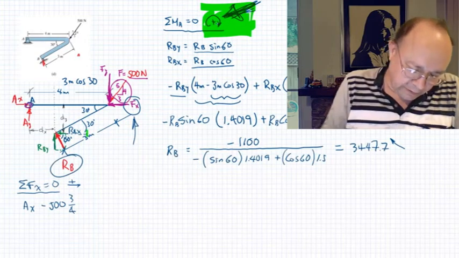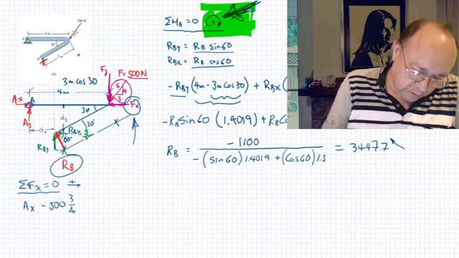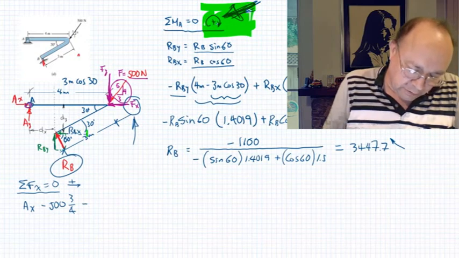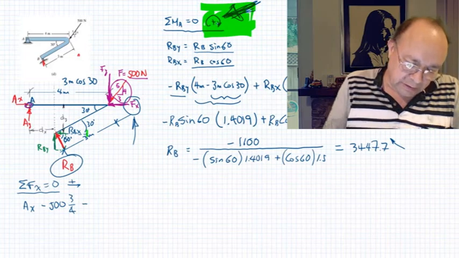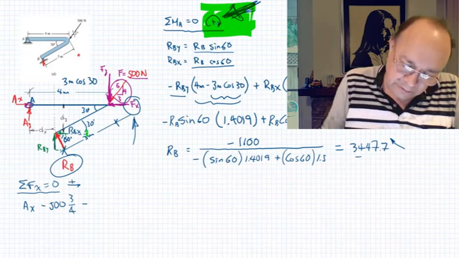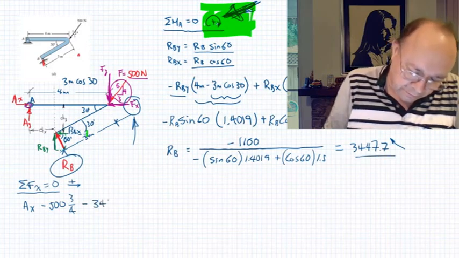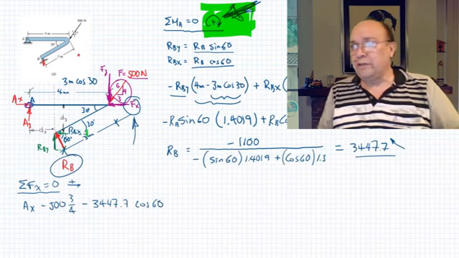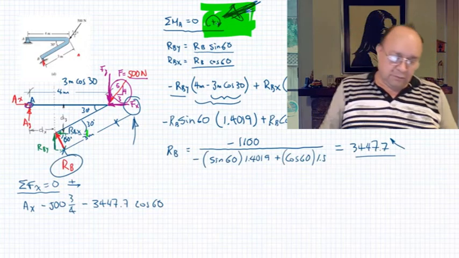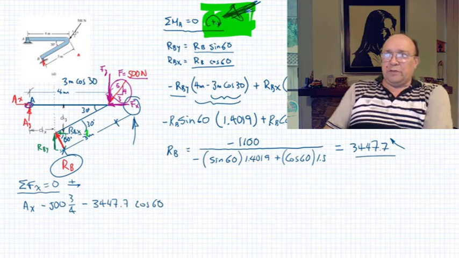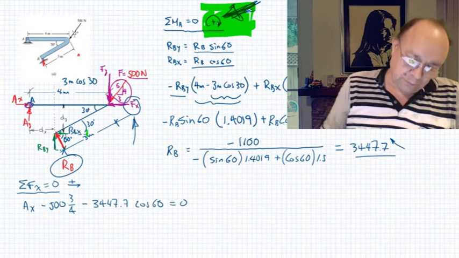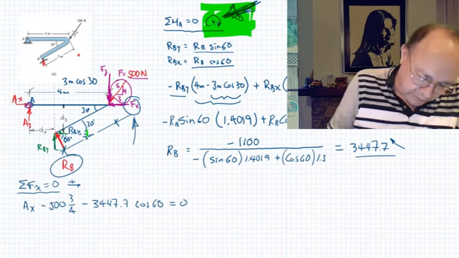And then we have the x component of RB. That will be negative RB cosine 60, which is RB we just found, 3,447.7 cosine 60. And do we have any other force in the x direction? We don't have any more force in the x direction, so this summation is equal to 0. From here we can solve for Ax.